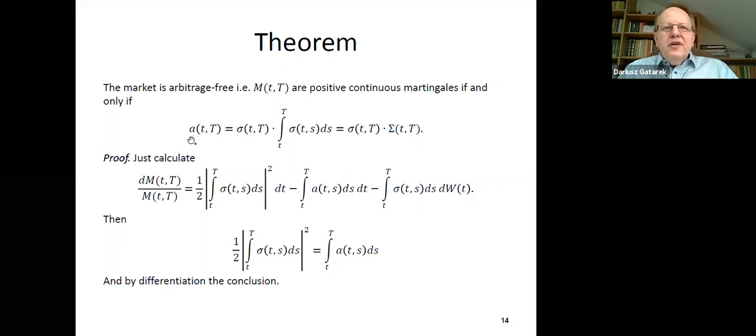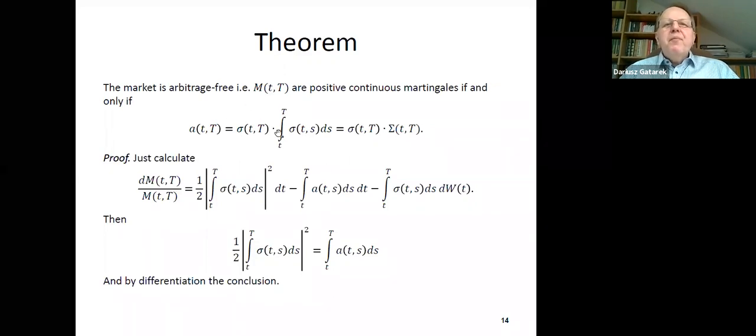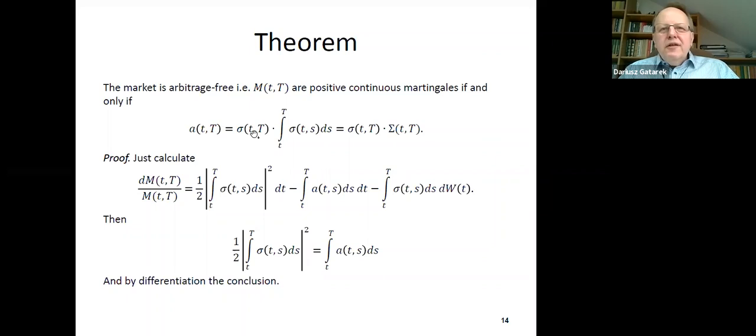So this is drift equals diffusion term, volatility, times integral of the volatility, but not over time, but over space. And these two terms are called forward rate volatility and bond volatility. Bond volatility is capital sigma. Yes, and the proof is elementary.